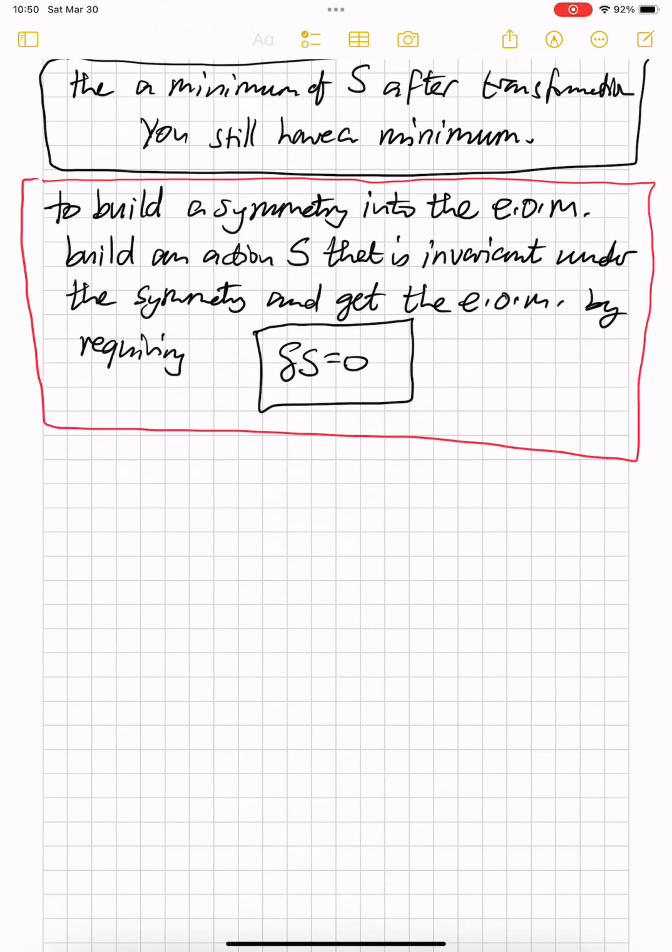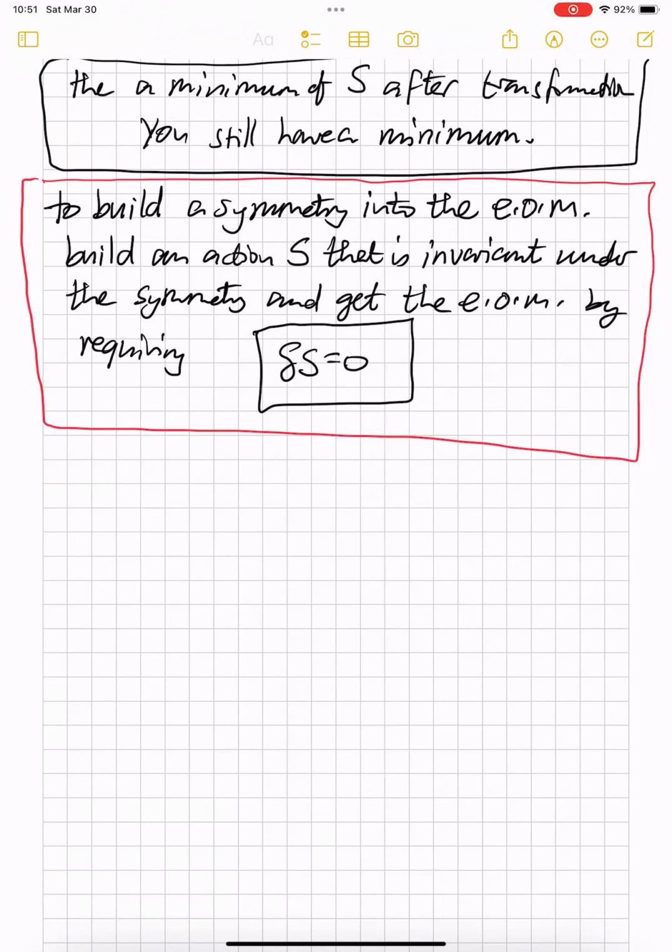And because we get our equations of motion by saying delta S is equal to 0, our solution to the equations of motion is the statement that we're at a minimum of the action. So the advantage of the Euler-Lagrange formulation of mechanics is that it gives us a very simple way to discuss symmetries.